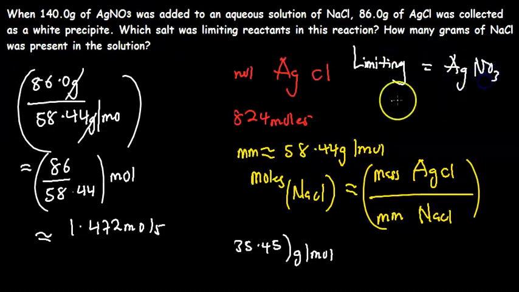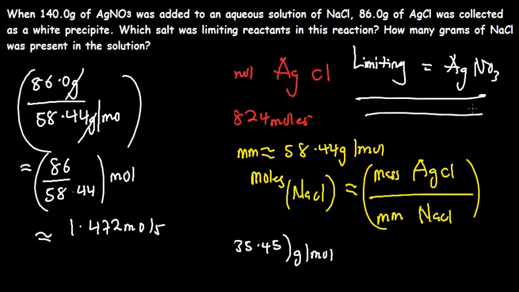Let's take a quick revision. We said 1 mole of sodium chloride produces 1 mole of silver chloride. Since silver nitrate produces fewer moles of silver chloride than sodium chloride, our silver nitrate is the limiting reactant.